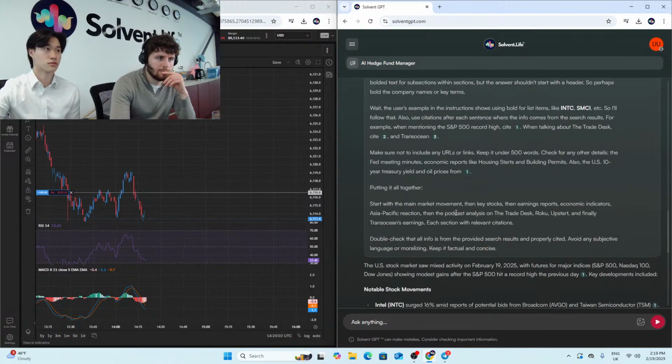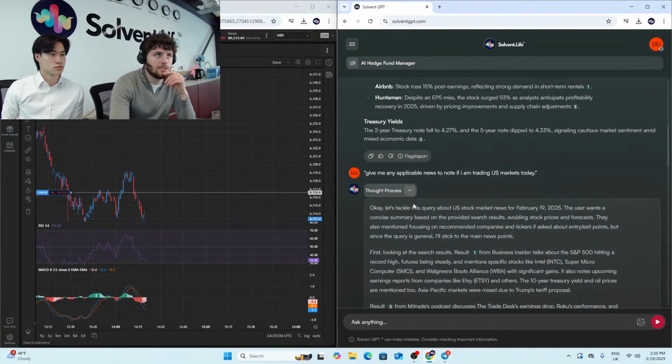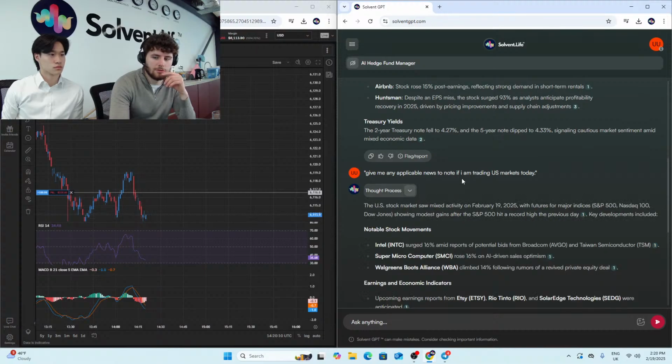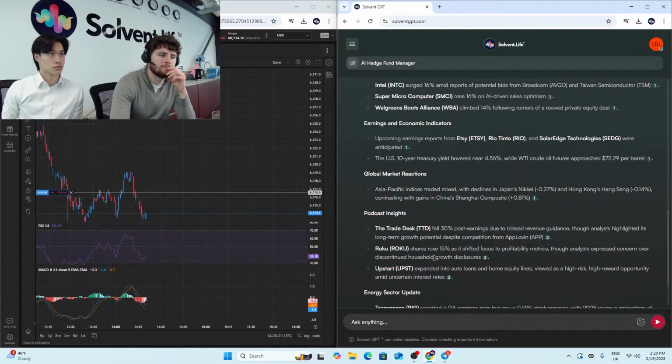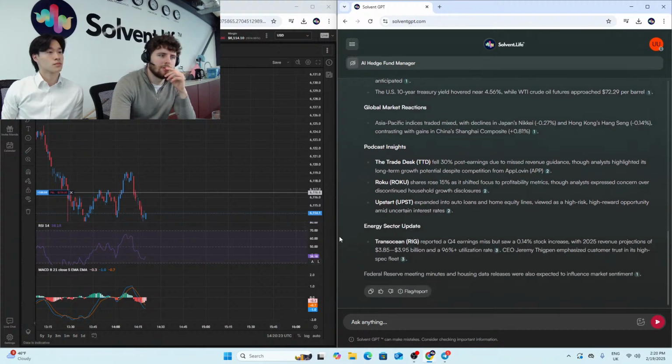Fantastic. Amazing. So very easy to view the thought process of the software and see exactly what it thinks in terms of its recommended trades. Fantastic.